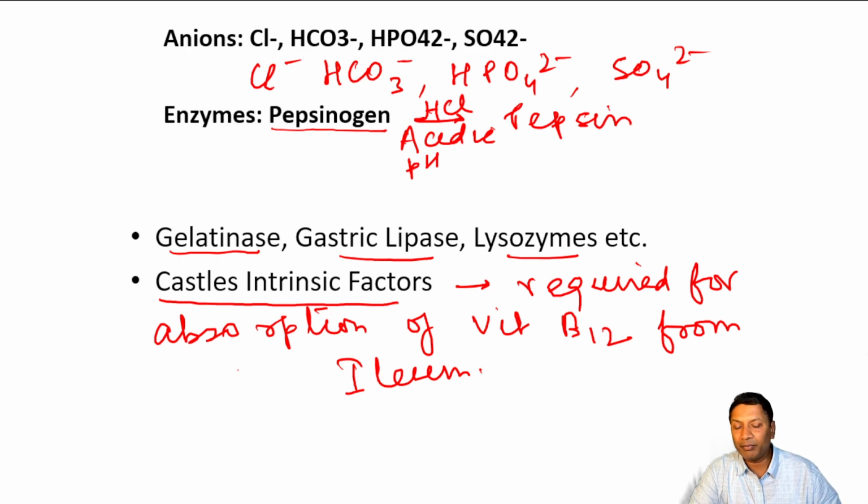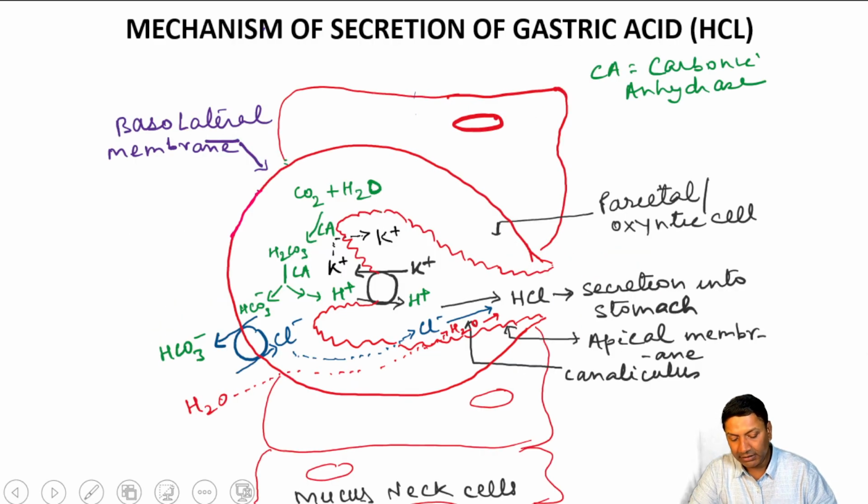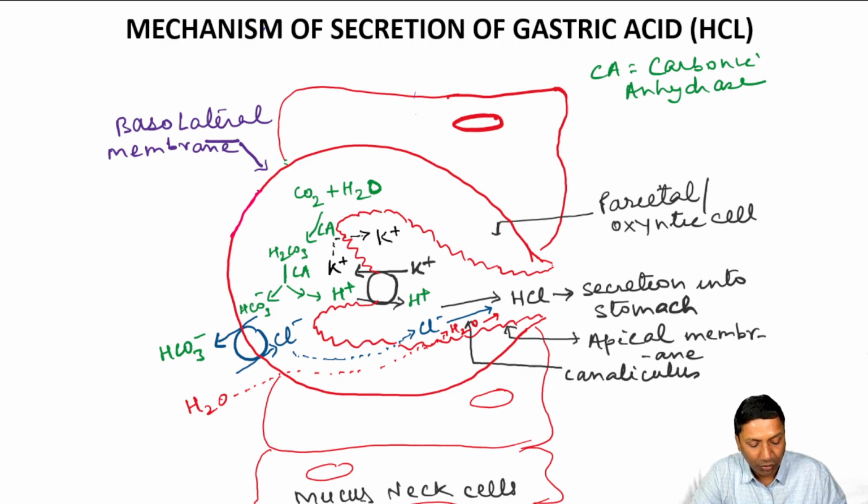Now we discuss the mechanism of secretion of the gastric acid. Gastric acid is also called HCl. How is this HCl secreted by the glands in the stomach? It is secreted by the oxyntic cell, also called the parietal cell.